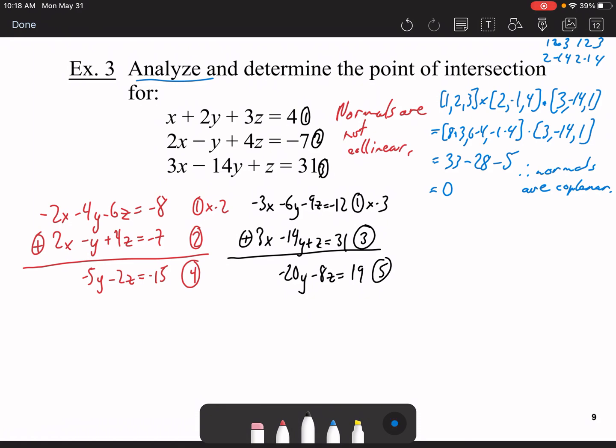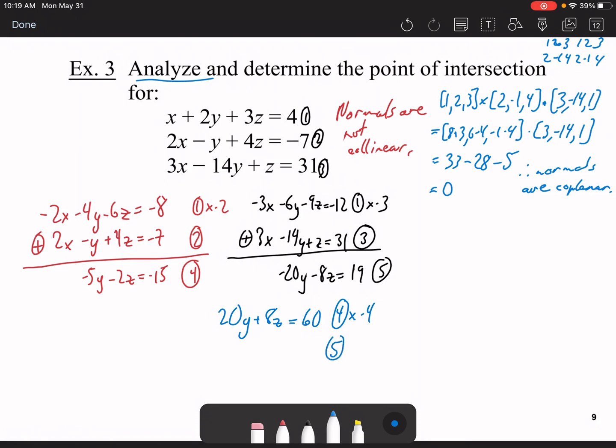So when we do elimination here from equations 4 and 5, if I take equation 4 and multiply by negative 4, I get 20y plus 8z equals 60.